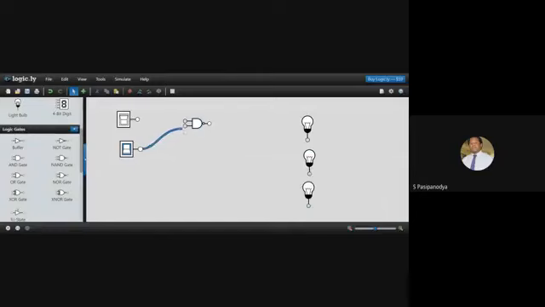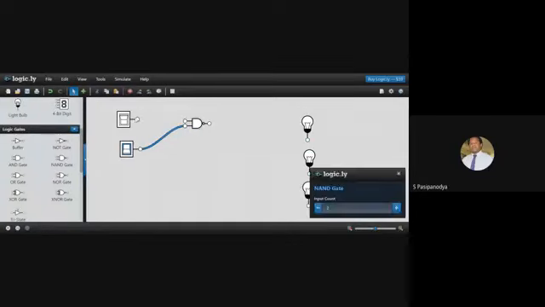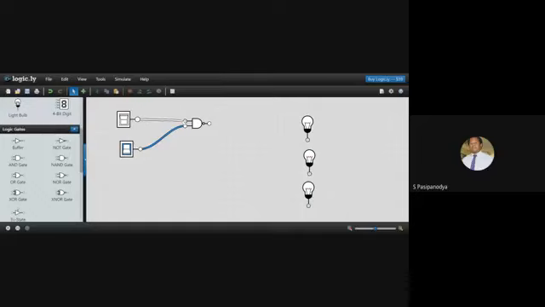With our two inputs there, what is going to be the output? True. The output is going to be true.